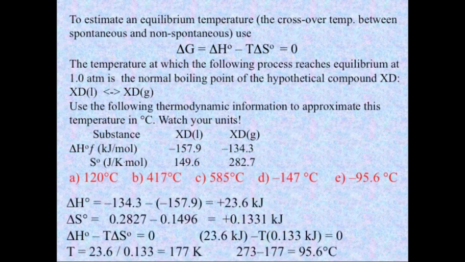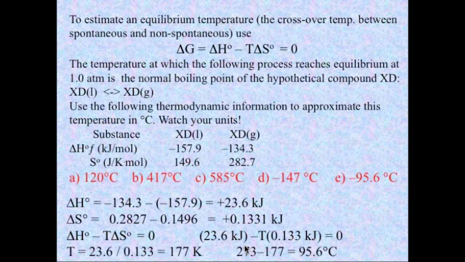All right, here we go. First of all, we calculate the change in enthalpy, products minus reactants, so it's minus 134.3 kilojoules, minus a minus 157.9 kilojoules for the liquid state, so the change in enthalpy is plus 23.6 kilojoules.